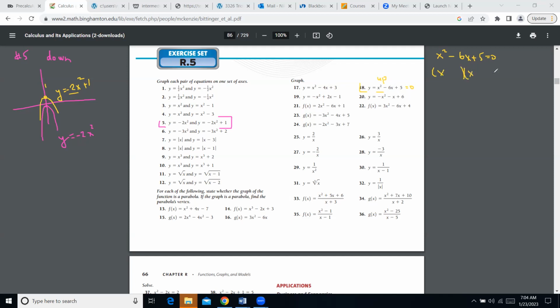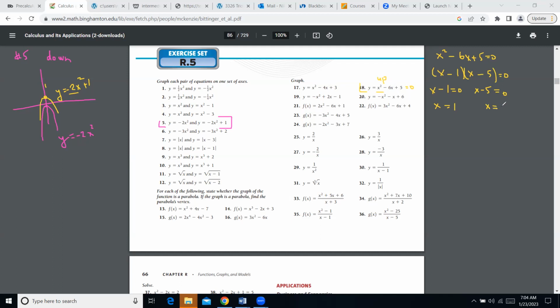If you factor the first term and the last term, the factors will be x, and then 1 and 5, and the signs are both minuses. So x minus 1 is equal to 0, or the other factor, x minus 5. Then x is either 1 or 5.